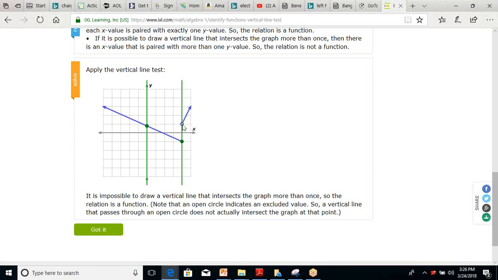So when you have an open circle, it actually means greater than this value. Okay, so that's what an open circle means. All right. So it's greater than this value. That's what the open circle means.